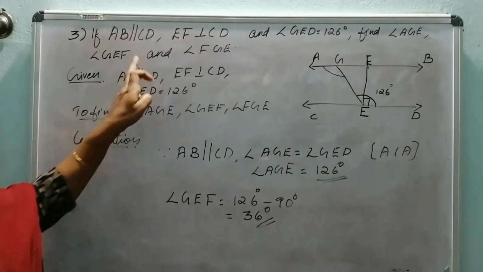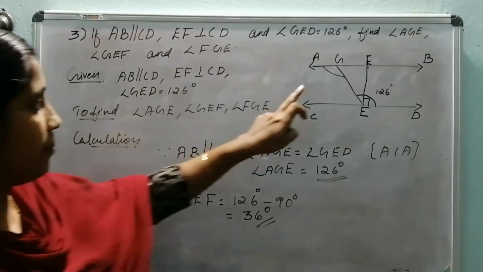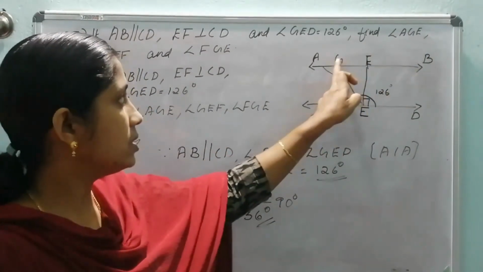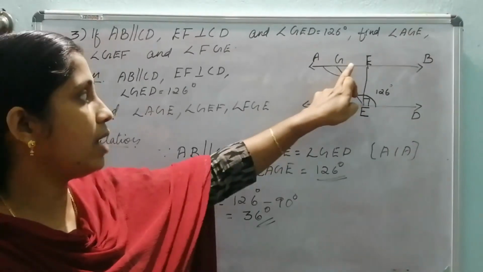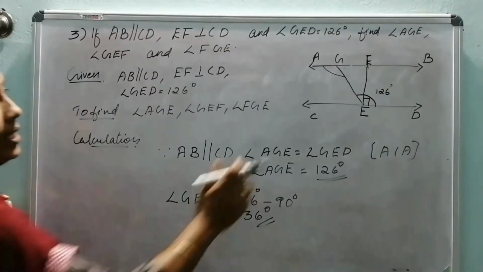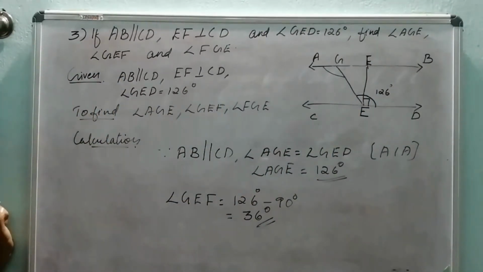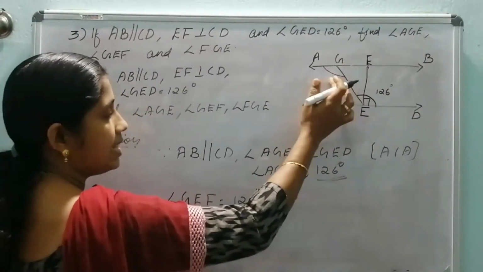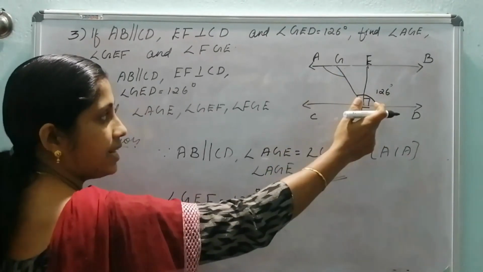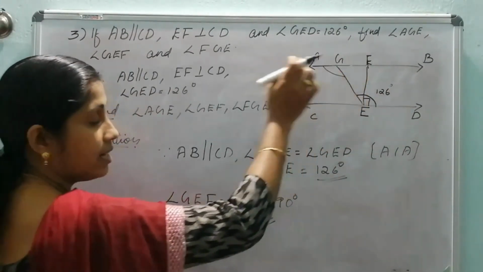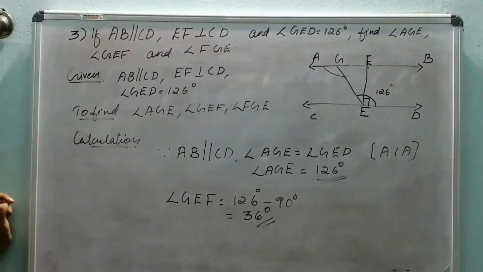Then one more angle is here, angle FGE. This angle we have to find. Look at these two angles. These two angles are a linear pair. This is a straight line, so this is a linear pair. We already found this angle, that is 126 degrees. So this angle will be 180 minus 126.